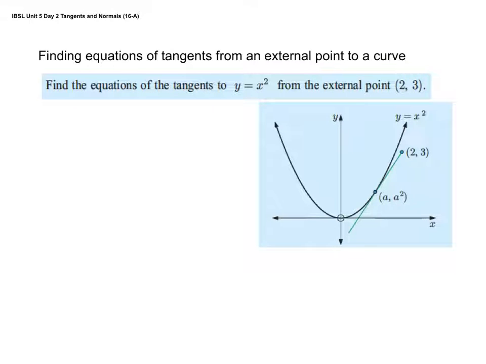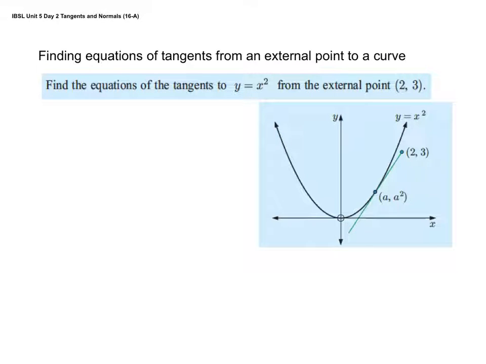All right, so how do we get this? Well, this is where you kind of have to think about what you're trying to find. We need to find the line, and it's going to intersect this curve at this point.